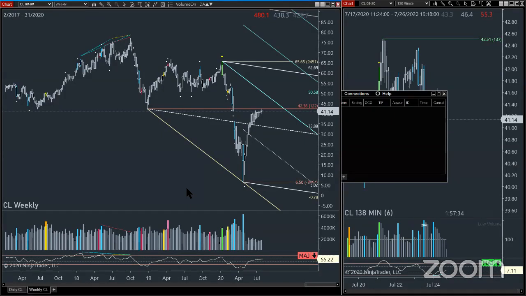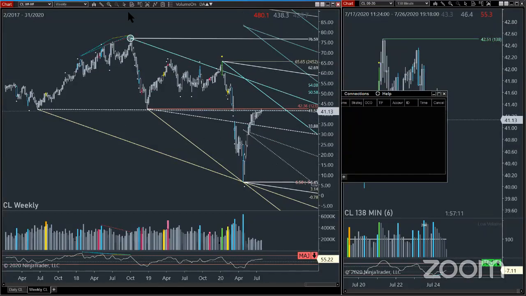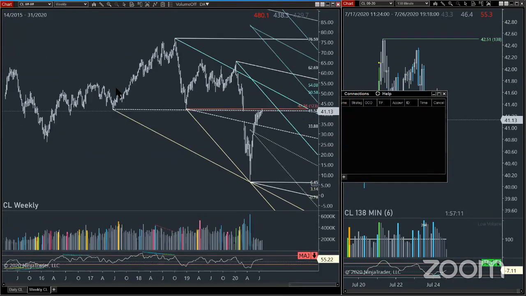I'm not really expecting to go back down to 650. But yeah, we don't really have a beautiful short, that's for sure, unless you're willing to hold it for multiple weeks.